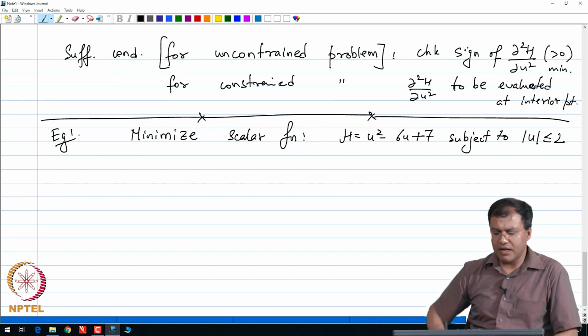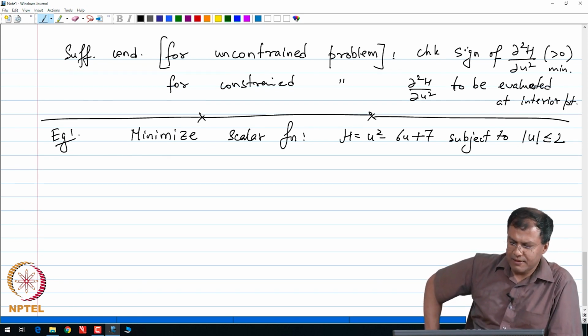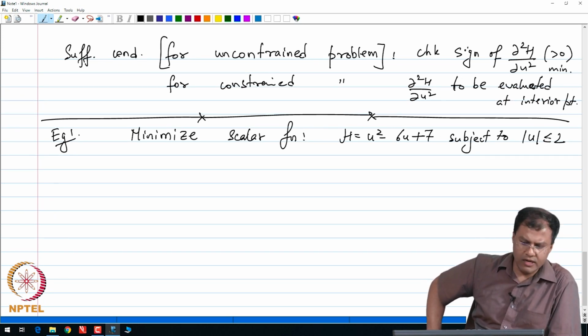And so, minimize the scalar function h subject to this constraint u, maximum value of u cannot exceed 2.